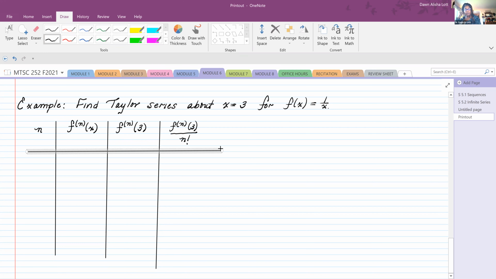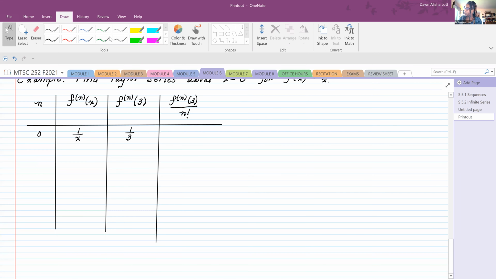All right, so the first one is n equals 0. The function itself is 1 over x. So now when we put in 3, we're going to get 1 over 3. We'll deal with that last piece later.